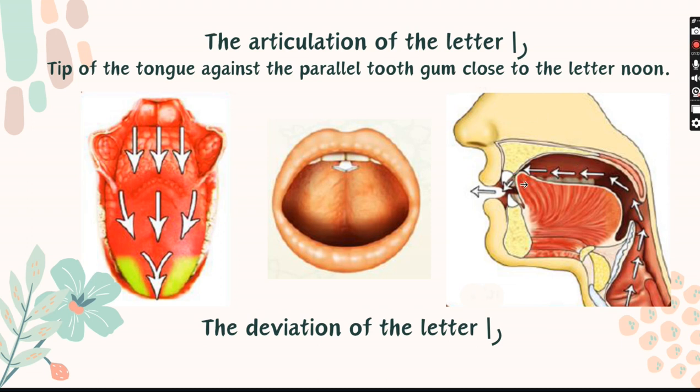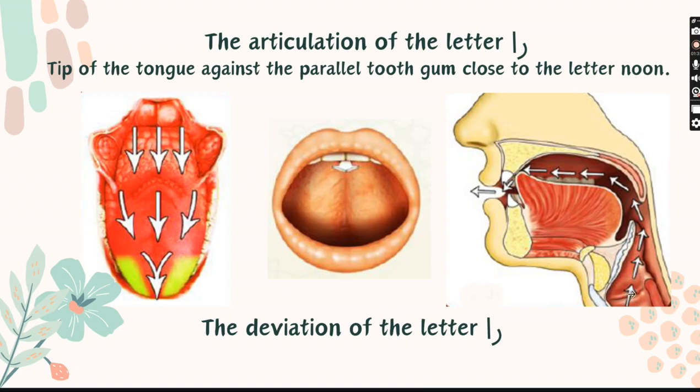Here is the tip of the tongue, and I strike it not here because here is the Lam, and then comes the Noon exactly below the gum, and then comes the Ra. Very, very slight differences, but subhanallah, this is how it is with different letters, different sounds, different articulation points.